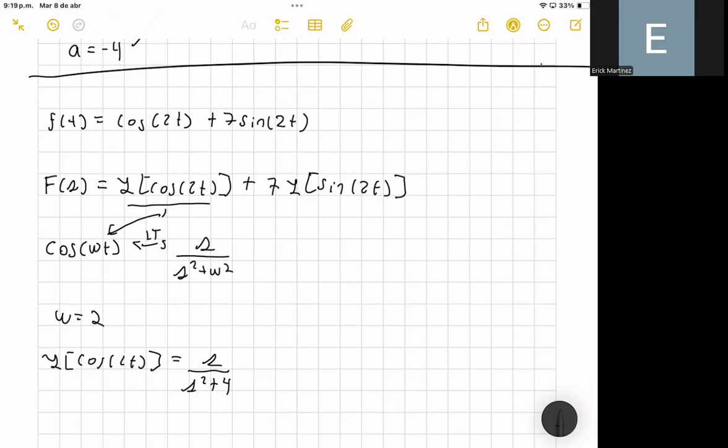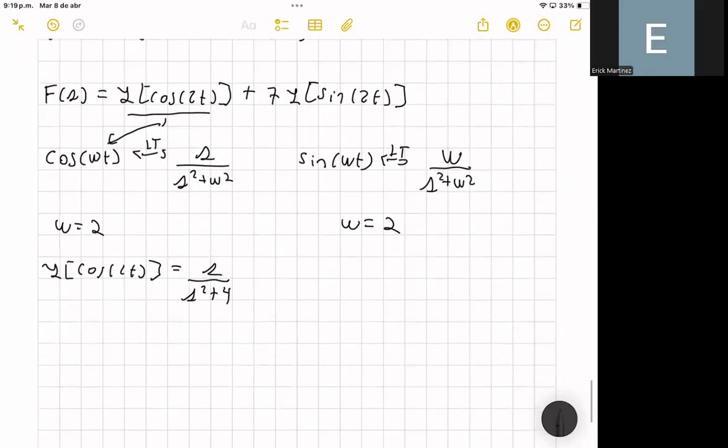Also we have here a sine wave. So again, we need to look at the tables and identify the Laplace transform of a sine wave. And this is equal to omega divided by s squared plus omega squared. Here you can see that omega for this function is equal to 2 again.